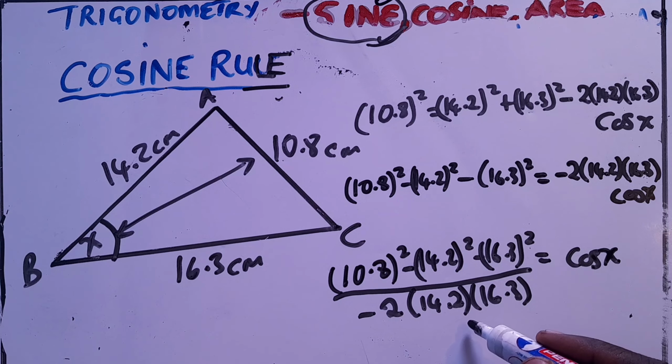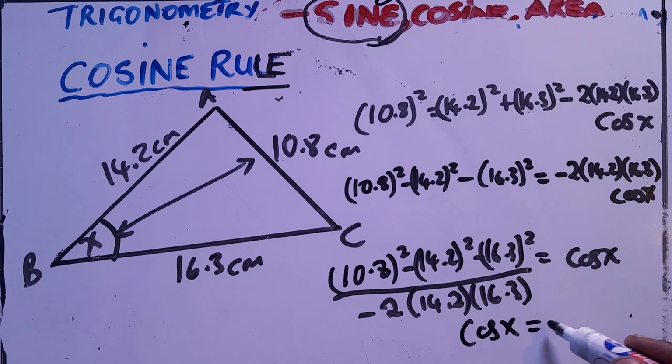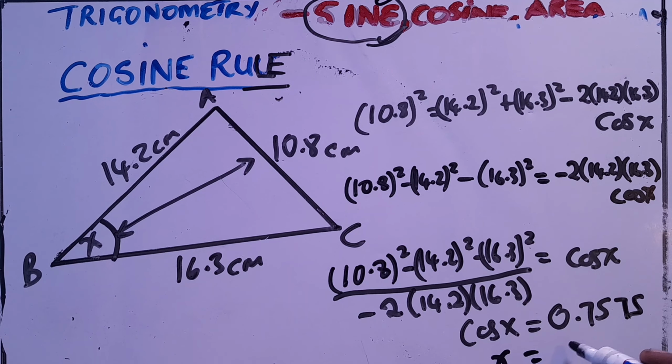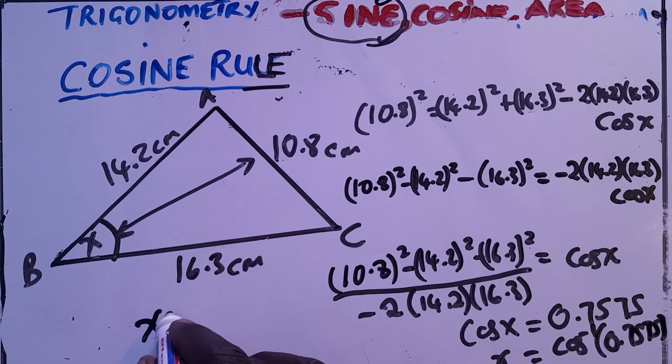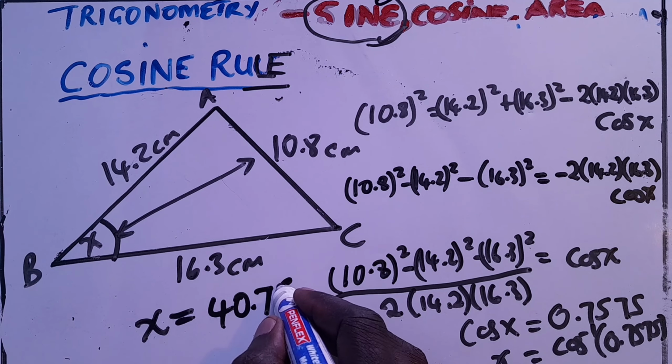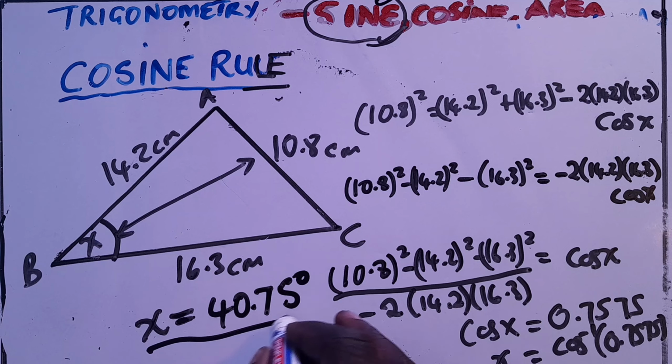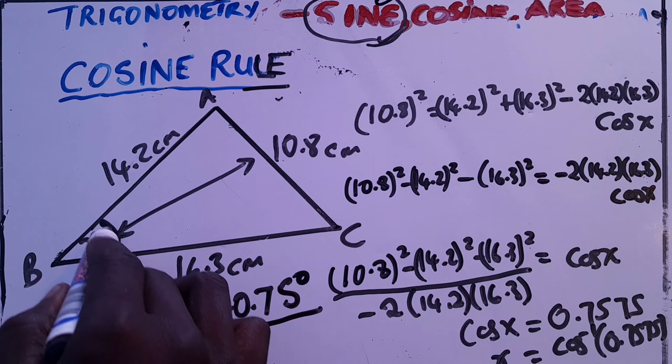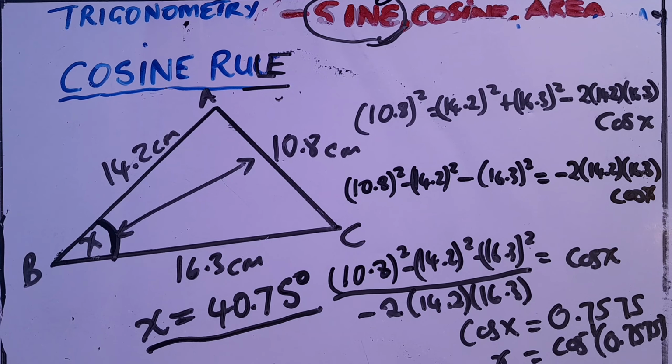So lastly, you can see that cos of x is equal to 0.7575, so x becomes the inverse function of cos. So our x now is 40.75 degrees. So that is this angle, right?